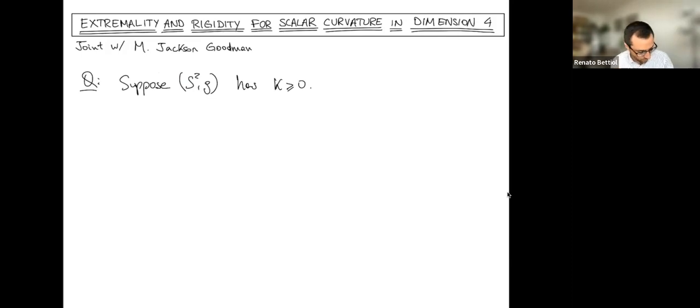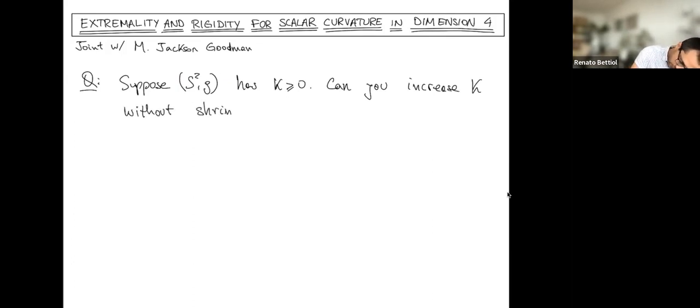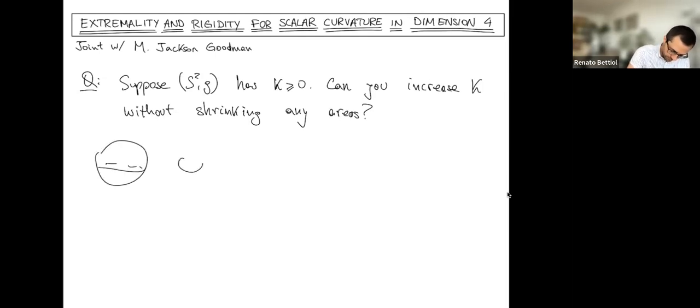And we want to know whether we can increase this Gauss curvature without shrinking any areas. Because if you're allowed to shrink some areas, it's pretty clear what you do. You just make it smaller, and then the curvature will go up. So you're not allowed to do that.